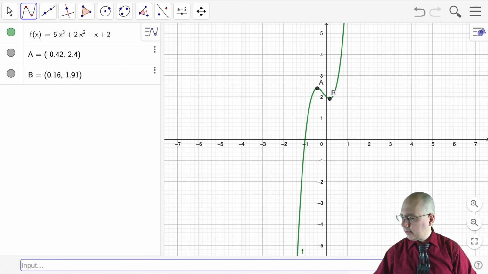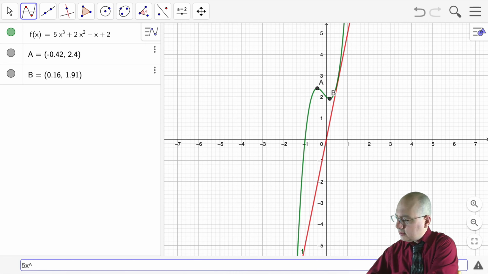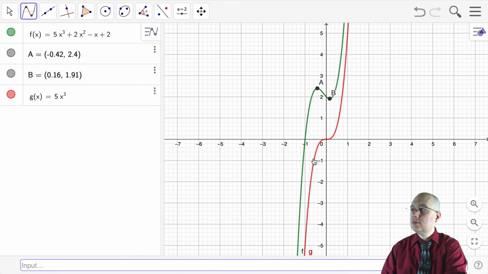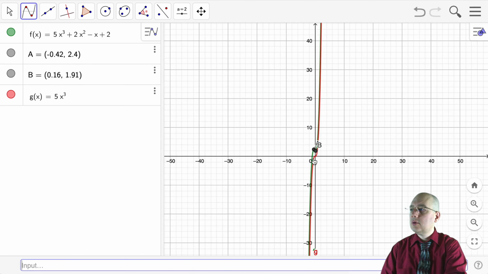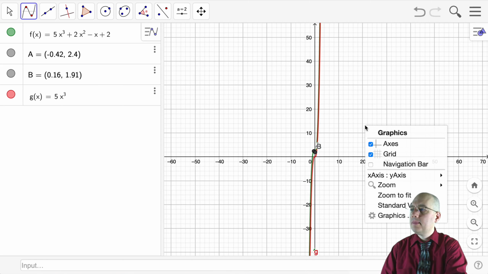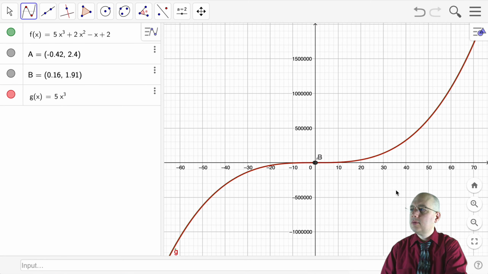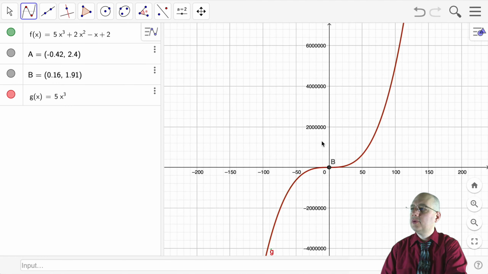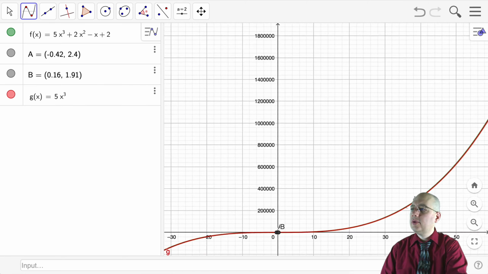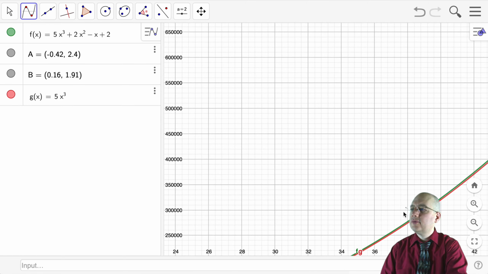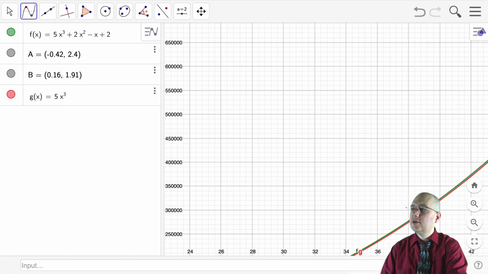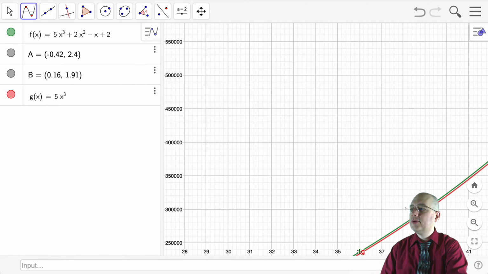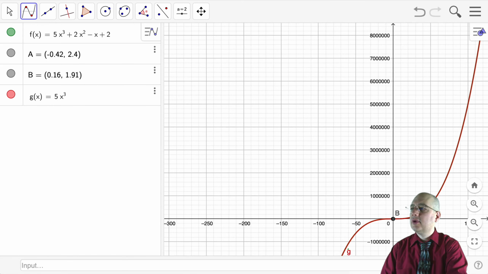If I were to graph 5x cubed, and then I zoom out, they actually look pretty similar, right? I mean, they'll always be shifted from one another, but the relative shift decreases when you try to look at it on a big scale.